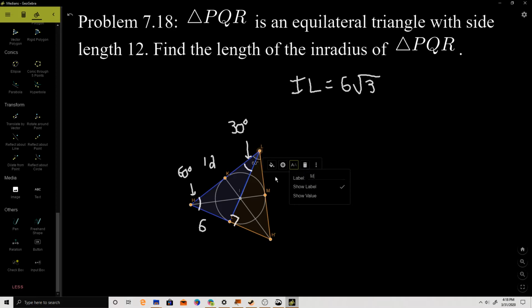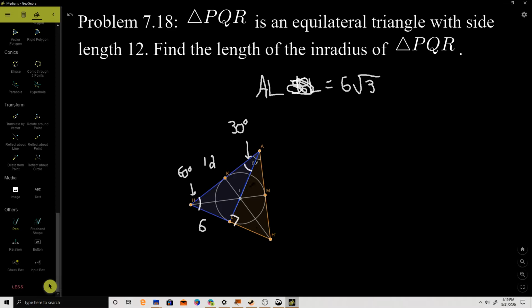This is just going to be M. A. Okay, so that means that this is IL. Sorry for all the confusion. That would be AL. AL is 6 root 3. 30-60-90 triangle. Alright. Now I'm just trying to find IL.